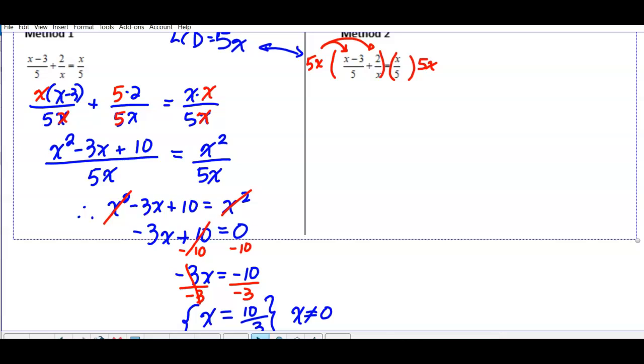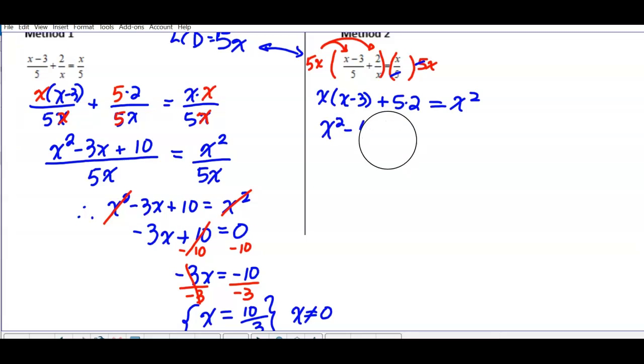So 5 goes into 5x, x times, and then it still has to be multiplied by x minus 3. Then here, x goes into x 5 times, and it still has to be multiplied by 2. Equals 5 divides out with 5 here, you get x squared. Okay, so if I expand that out, I get exactly what I had here.